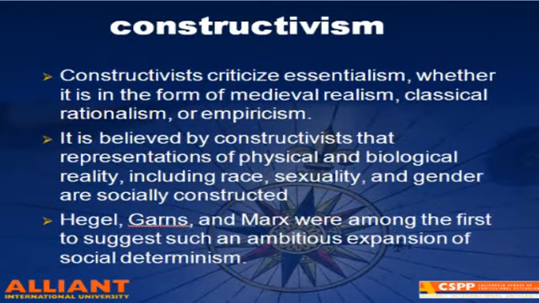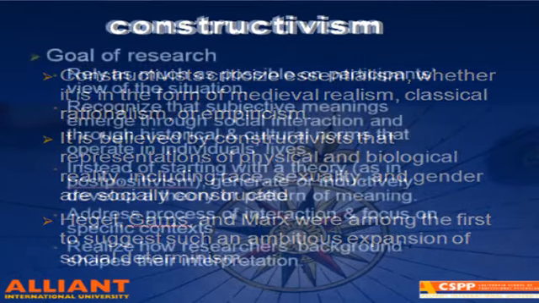Essentially, in constructivism, reality exists as you perceive it, and it's individually based. You construct it as you take it in through the different lenses that you have. It comes from Hegel, Kant, and Marx.